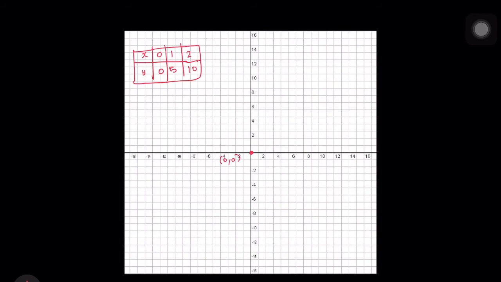Next point, x is equal to 1 and y is equal to 5, so this point is 1 comma 5. The next, x is 2 means y is equal to 10, so this position is 2 comma 10. Now we connect these points.